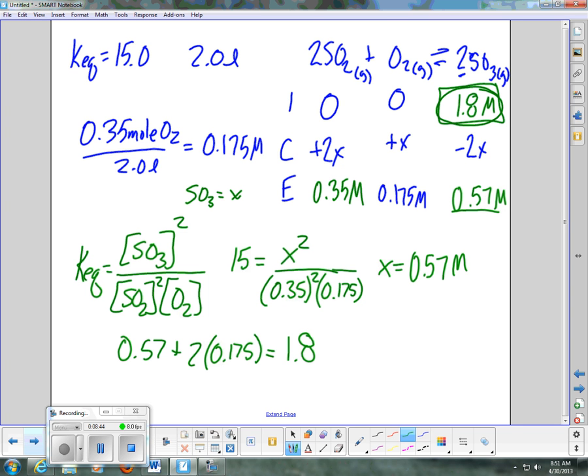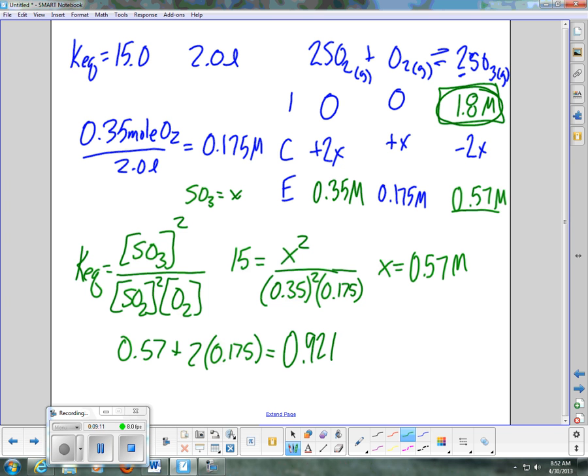Oh, no, that's not the final answer because they want moles. So this is molarity. So one more time. 0.92.